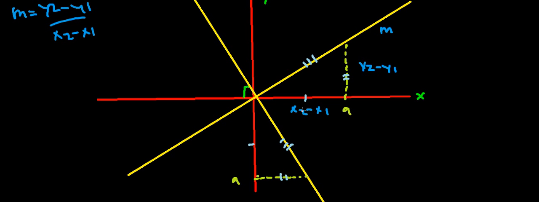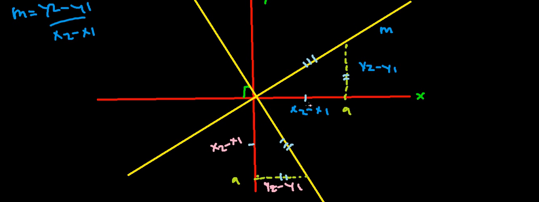And this side is equal to x2 minus x1. So this side right here is equal to x2 minus x1. And this side is equal to y2 minus y1. See, this side is the same as this. y2 minus y1.